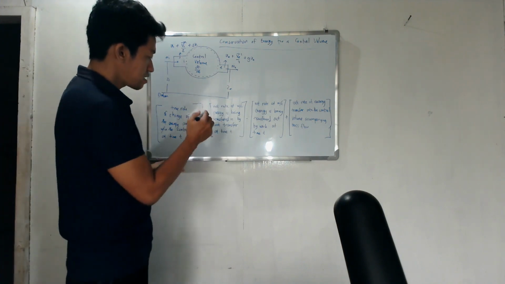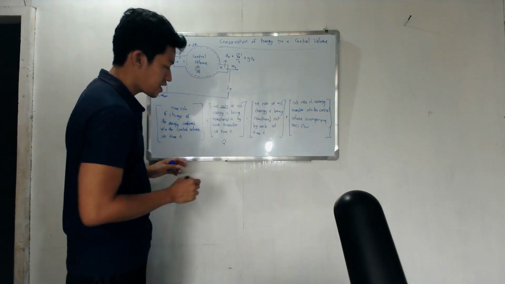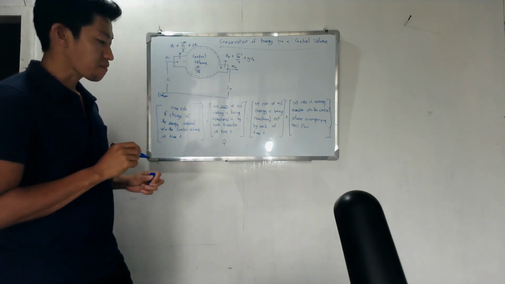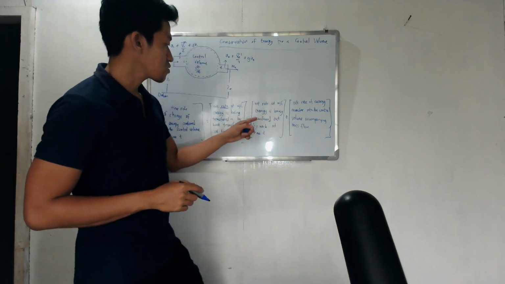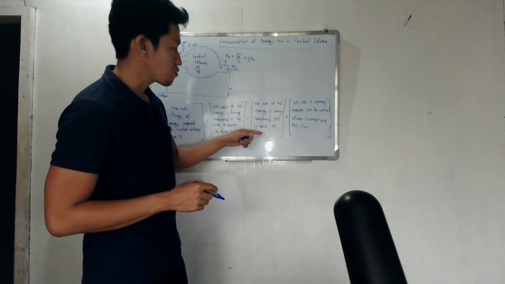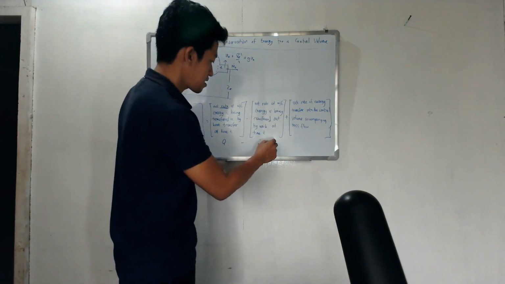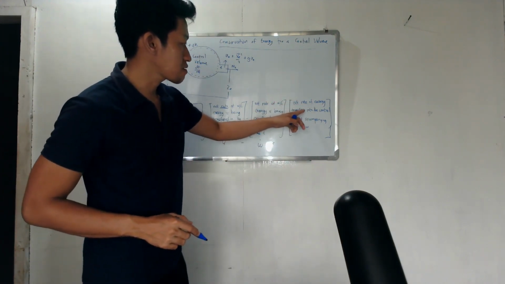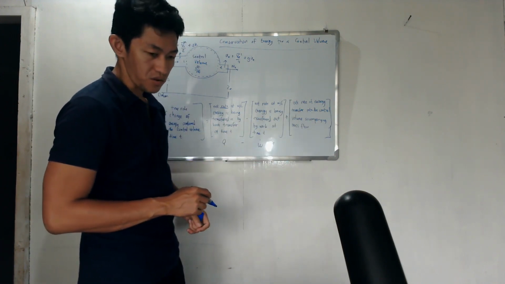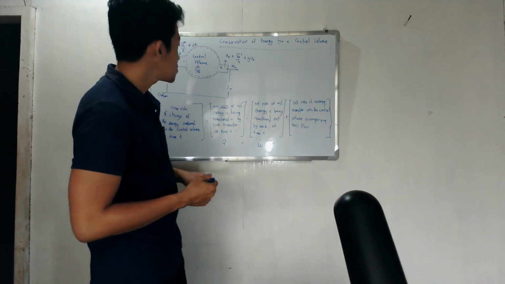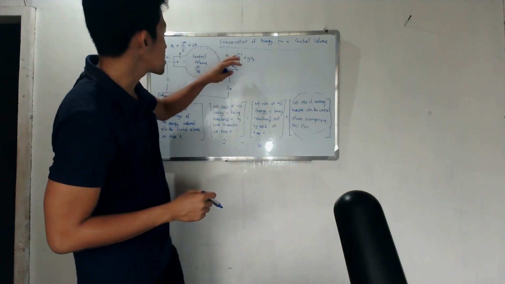So rate, the word is rate, so Q dot, Q per time, minus the net rate at which energy is being transferred out by work, so rate of work, plus net rate of energy transfer into the control volume accompanying mass flow. Okay, so kani siya nga term is change sa energy.